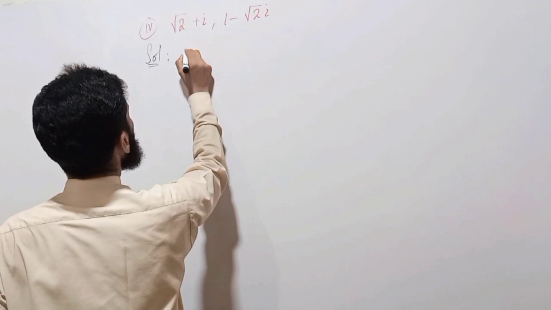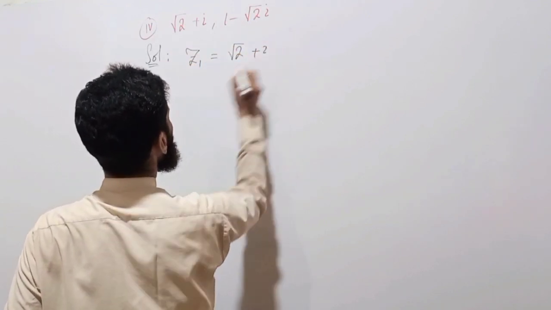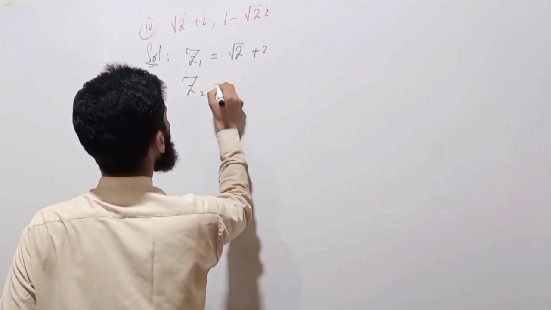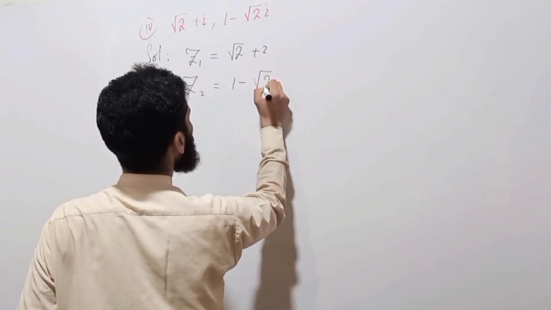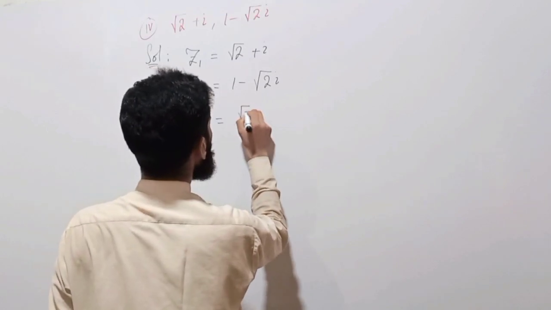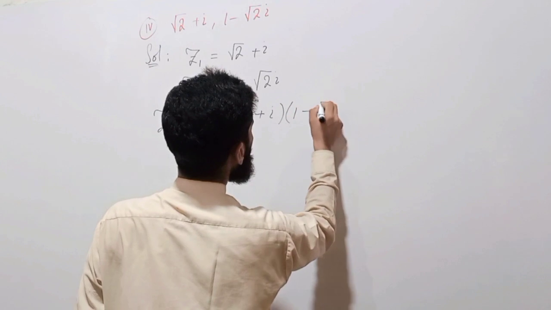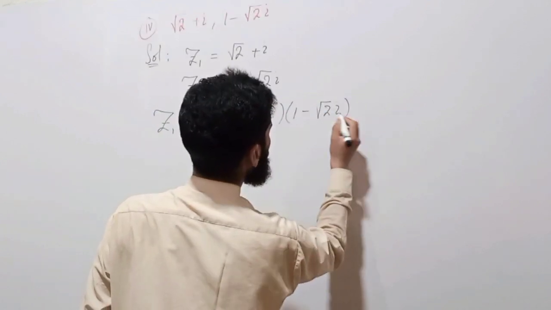Now we name Z1 is equal to square root of 2 plus iota and Z2 is equal to 1 minus square root of 2 iota. The multiplication Z1 times Z2 is square root of 2 plus iota multiplied by 1 minus square root 2 iota.